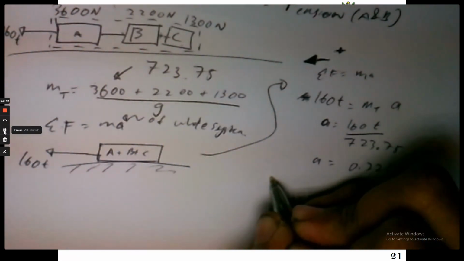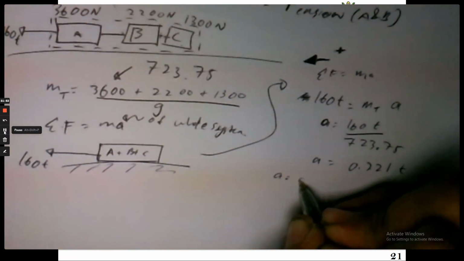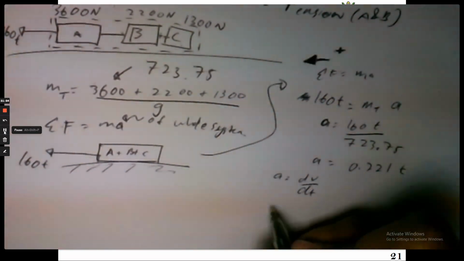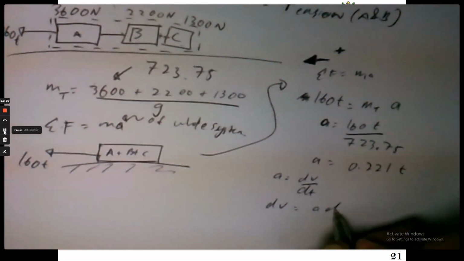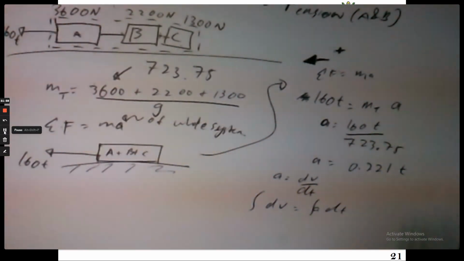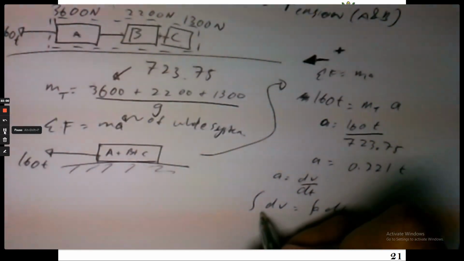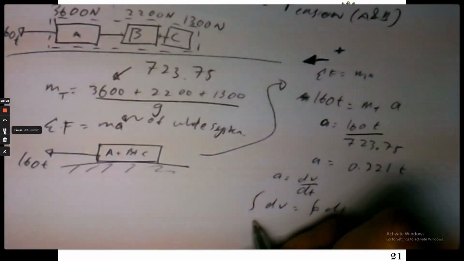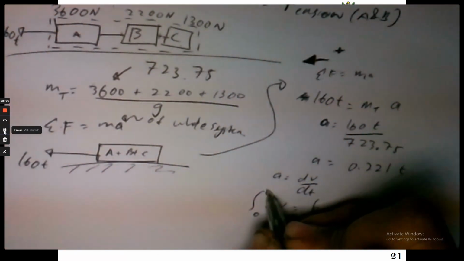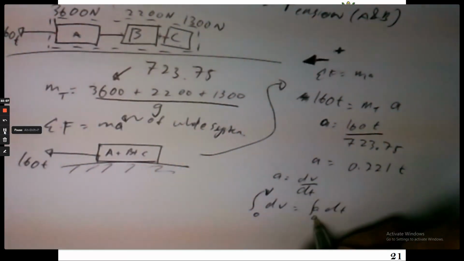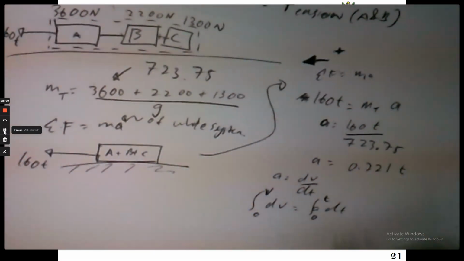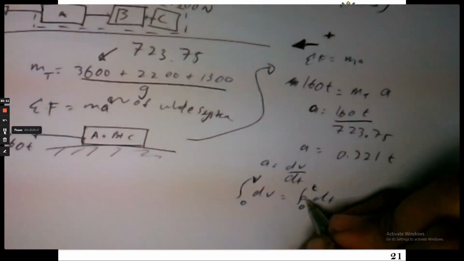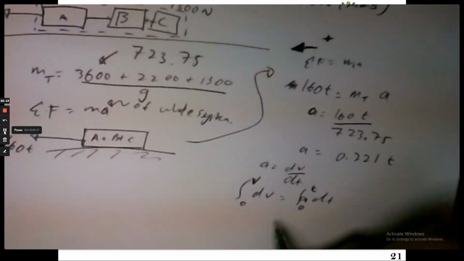From a equals dv/dt, dv equals a dt, so we integrate both sides. Since it starts from rest, it's from 0 to v and from 0 to t.